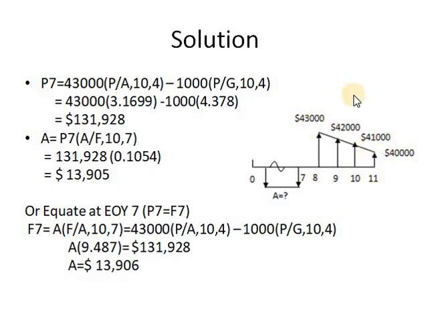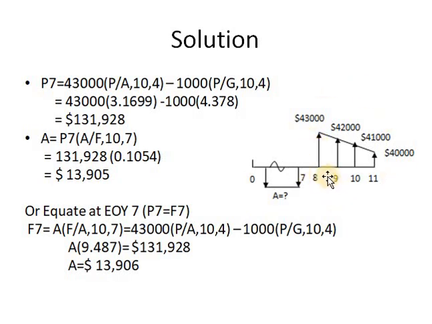Where is the present value of this gradient? We will say that the first payment here is happening at year 8. This is the annuity. This is the base amount. And then we will split the rest into an annuity of a base amount, and it's being decreased by a gradient. Now, where would be the present value of this gradient? It will be the previous period, because here is where the first amount took place.